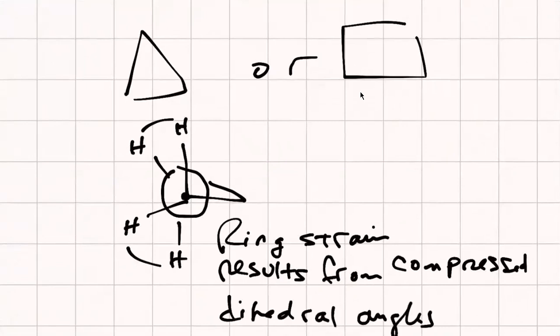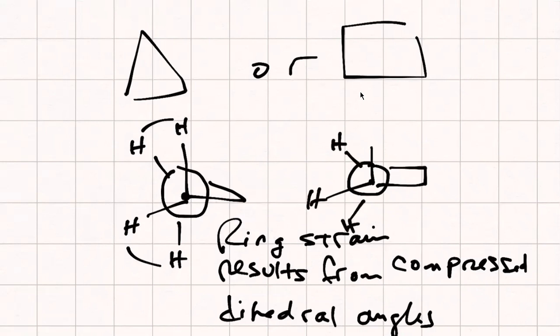Right, so you got compressed dihedral angles. That's going to give you some more ring strain. It'll be the same for a 4-membered ring if we draw it in the form of a Newman projection. Same thing. You're going to have some compression because of the size of the ring.